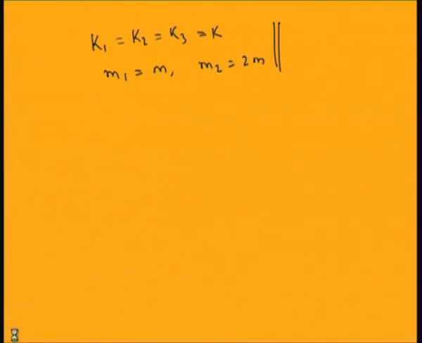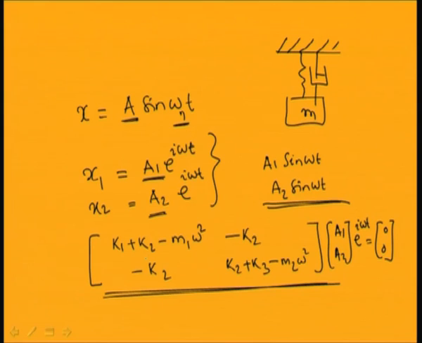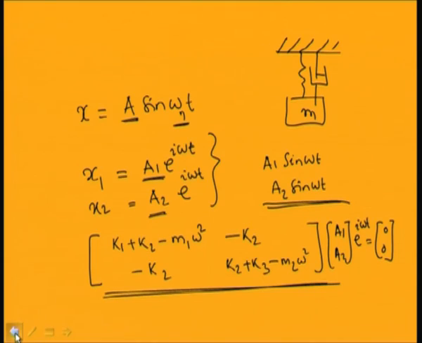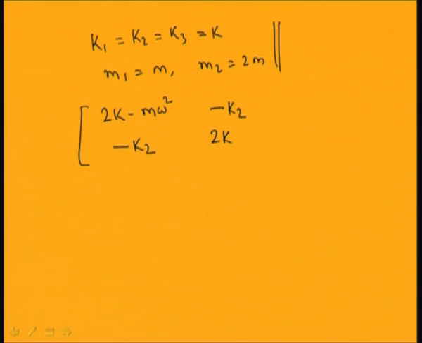In that case this equation will reduce to: 2k minus m omega square, minus k2, minus k2, and 2k minus 2m omega square, into a1 a2, equal to 0 0.